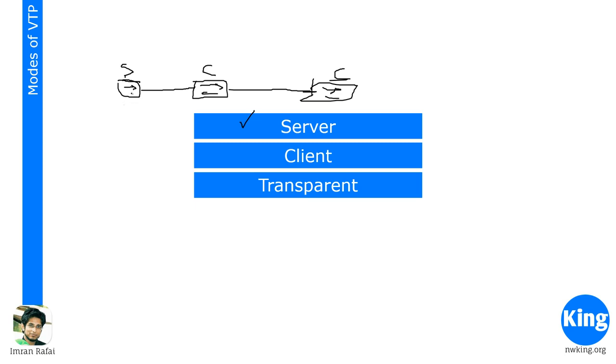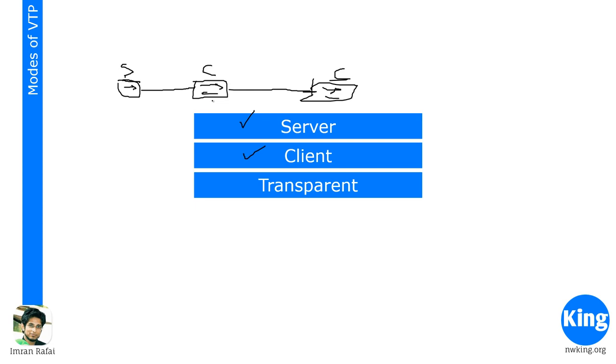So you make a change here, this updates the revision database, and it replicates here and here. But if you go to your VTP client and try making changes, it will say, I am not a server, you cannot change me. That means it's a mechanism to prevent you from making changes.